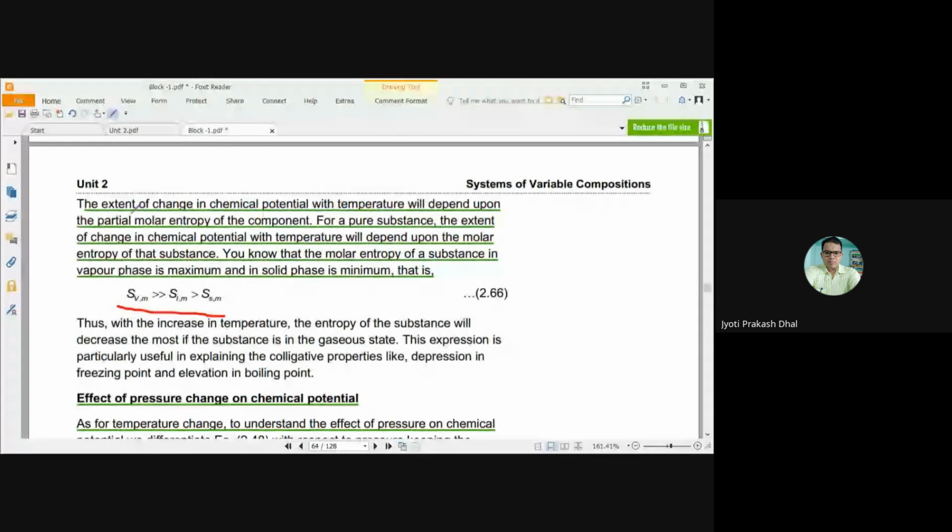So the extent of change in chemical potential with temperature will depend upon the partial molar entropy of the component.